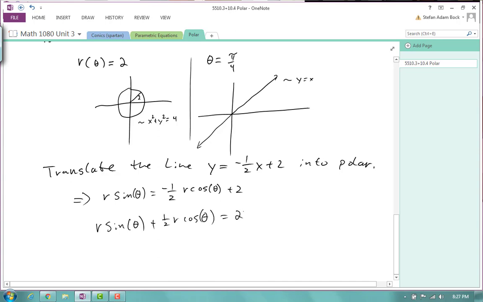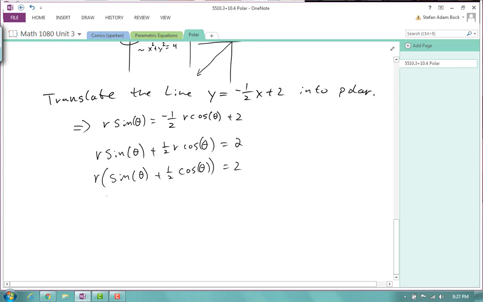And that will be equal to 2. I can factor out this r. And then I can divide. So I'd have r is equal to 2 divided by sine of theta plus 1/2 cosine of theta.